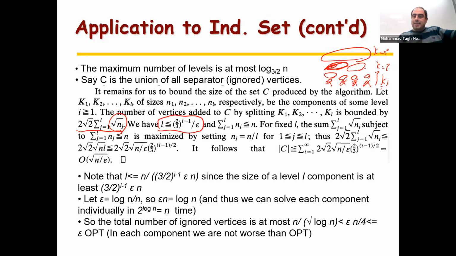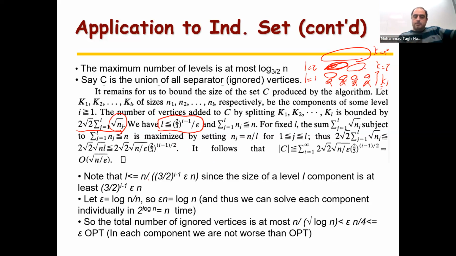Note that L starts from here: this is L equal to 1, L equal to 2, and so on and so forth. So over all levels, this is the thing.